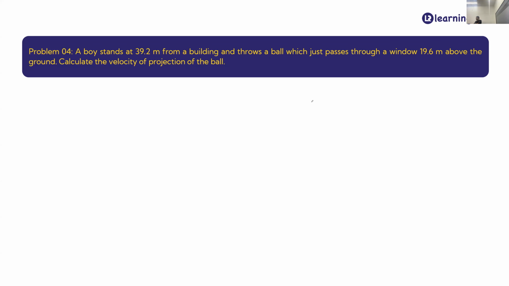Calculate the velocity of projection. They didn't give g? You can take 9.8, because 39.2, 19.6, everything is a multiple of 9.8.